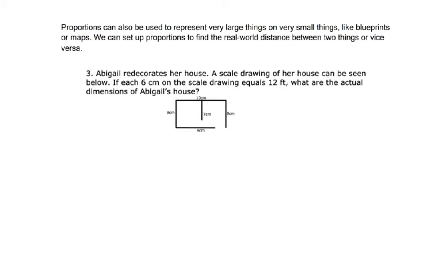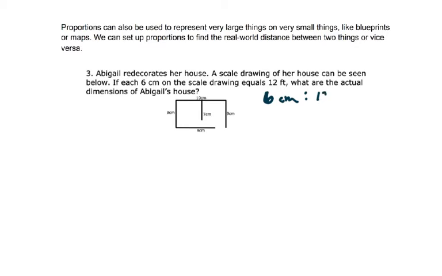Our last two problems are scale drawing problems. We learned on Monday that we wanted to convert to the same units, but not for this. This is different. These are proportion problems. We have 6 centimeters on her blueprint for this house. And this is not the whole house, or it would be much larger.